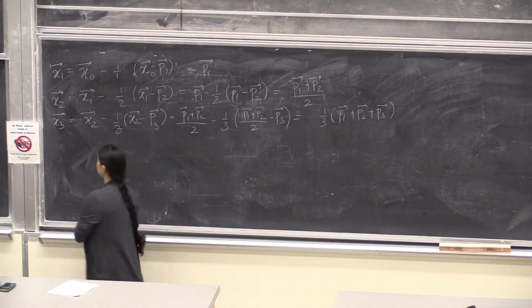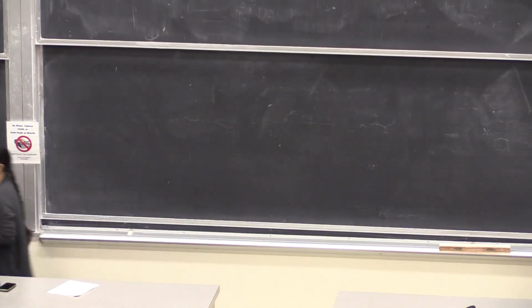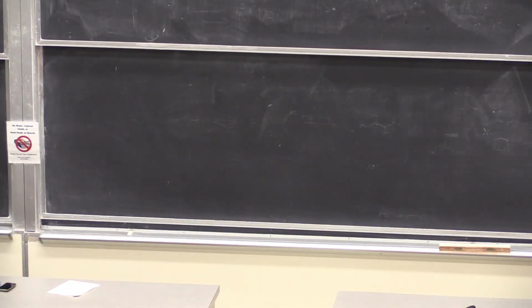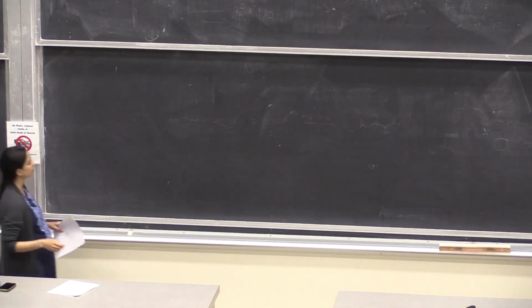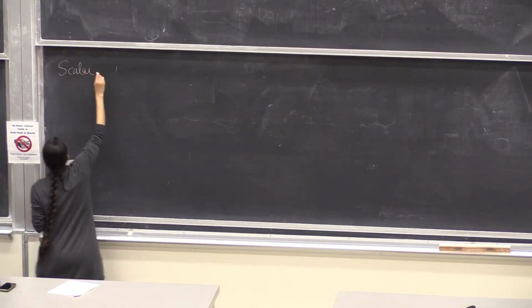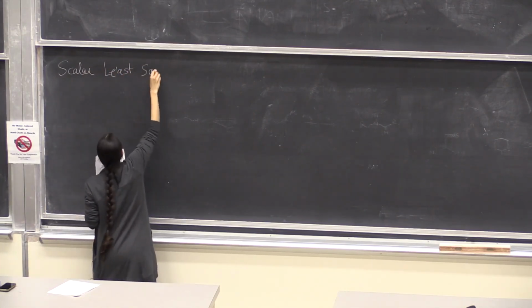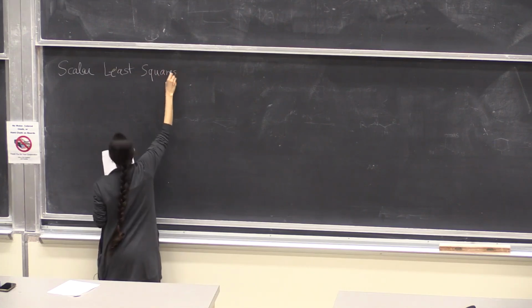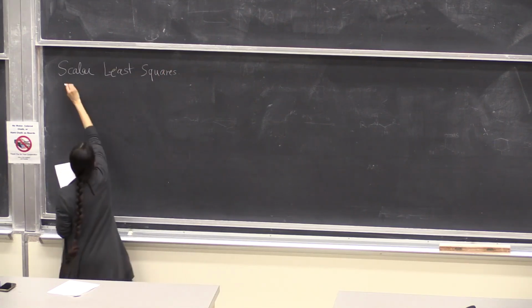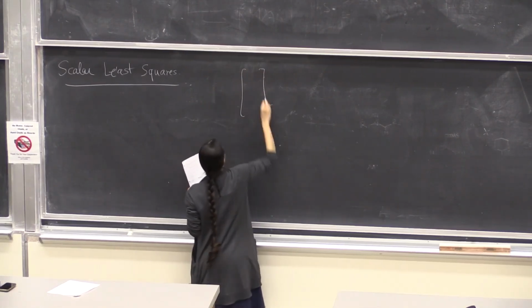I want to talk about one more example of SGD, just to give you a sense for how it works. I want to do the scalar least squares example. The scalar least squares example is just this.